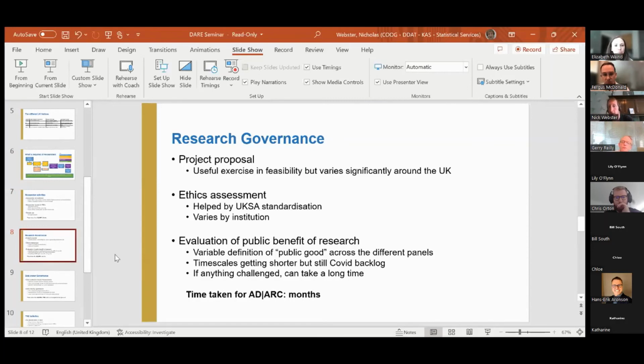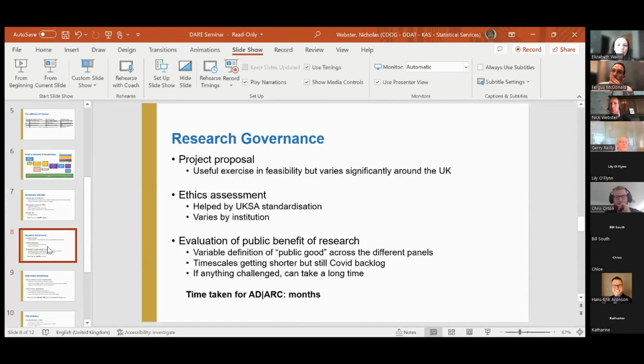Evaluation of public benefit of research. So again, each government across the UK does have their own way of evaluating public good, and the definition of this varies quite significantly. Timescales as well are better than what they were, but there is still quite a significant backlog in some of the TREs due to COVID. And again, I think it was touched on before, but if there is anything challenged, you can get put to the back of the queue.